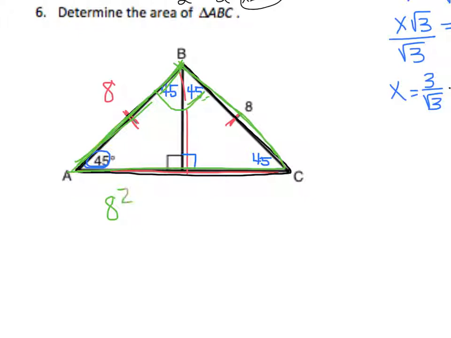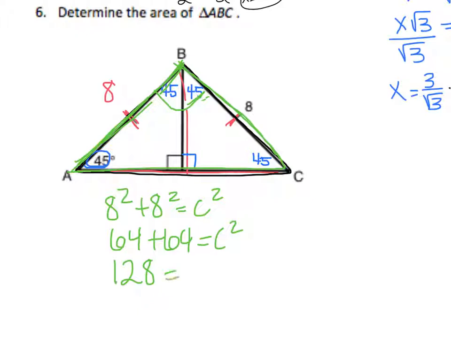So I'm going to have 8 squared plus 8 squared equals C squared. It's going to be 64 plus 64 equals C squared. And this is going to be 128. And then this is going to simplify into, once I square root this, I'll break it down and it's going to be 8 root 2.